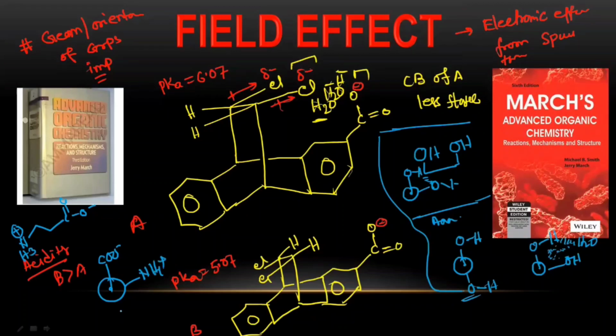For this also, the gauche form is more stable than anti. Why? Because of this electronic interaction, but there is no sigma bond or anything inside them. So this electronic interaction occurs through space. So this is a kind of field effect. That's why here the gauche conformation is more stable. So this is the concept of field effect. Hope you have understood it.